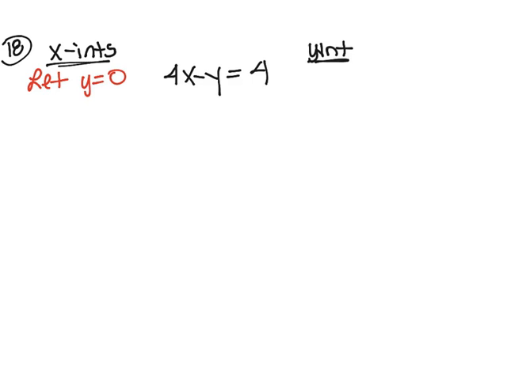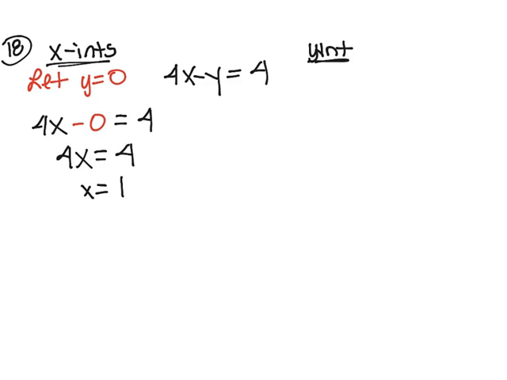You always let the other variable be 0. So that would be 4x. If I put in 0 for that y, technically it's gone, so you don't have to write that. You just know that's going to be 4x equals 4. So what's x? 1. Okay?